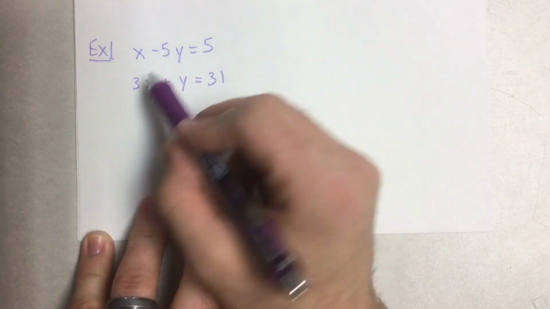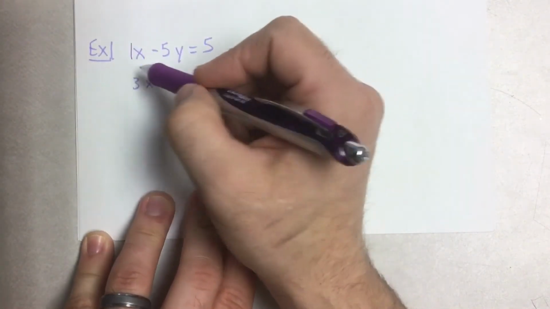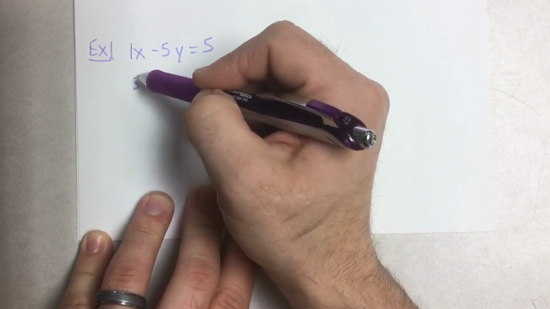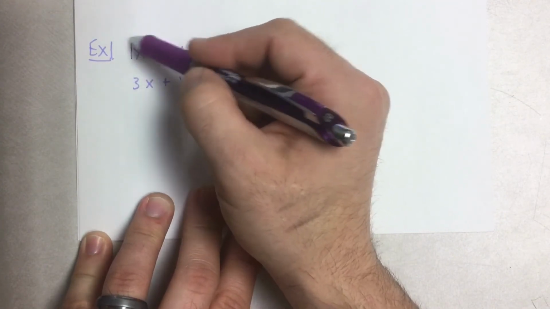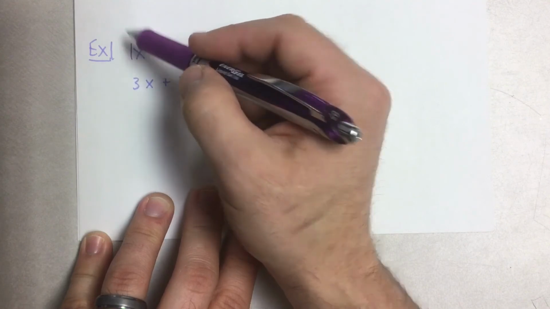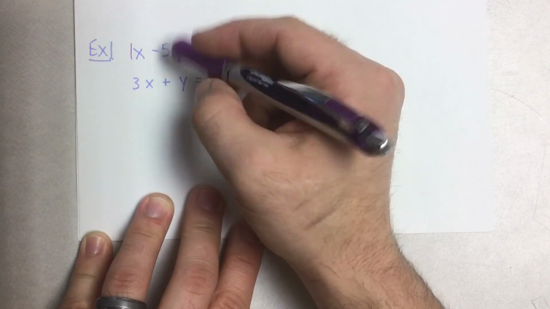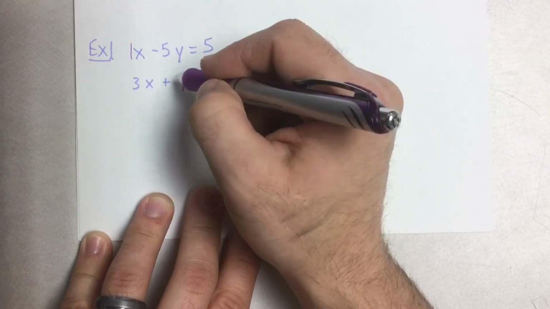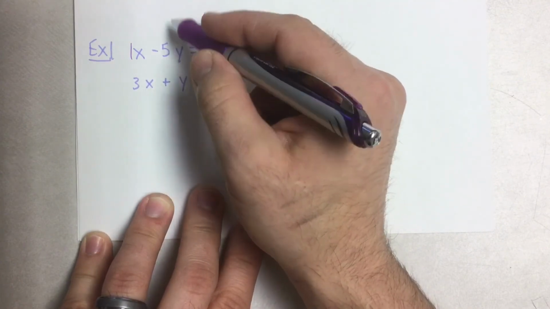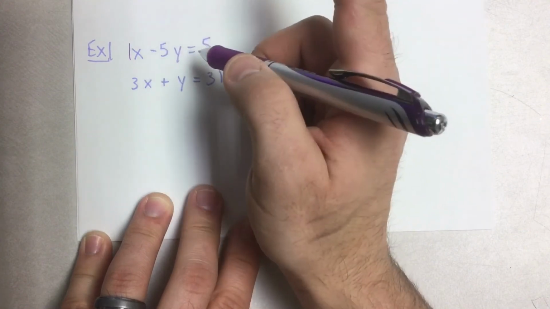So two ways of thinking of this. This is a 1x. So this is a positive 3. So I can multiply by -3 and they would cancel. Or I see a -5. I can multiply my second equation by +5 and they would cancel. All right.